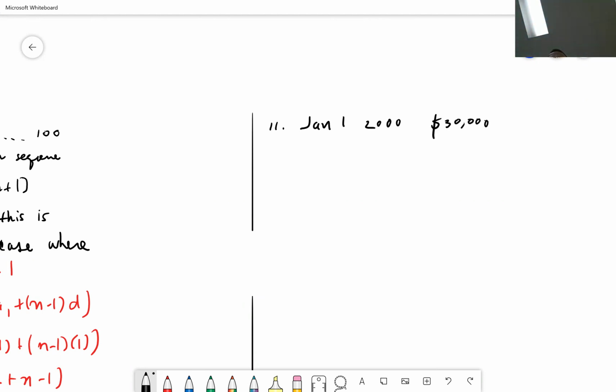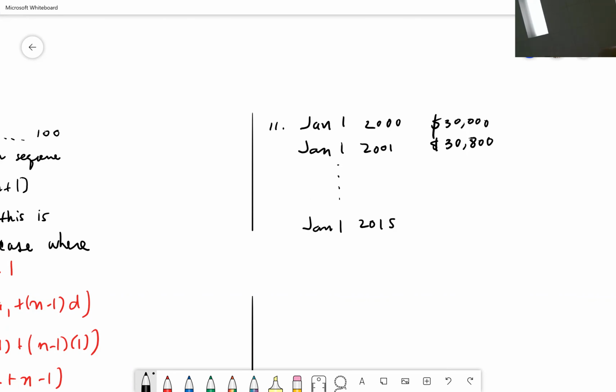His pay scale will give him an increase of $800 per annum. So, sorry about that. January 1, 2001, it should be 30,800. Until January 1, 2015.